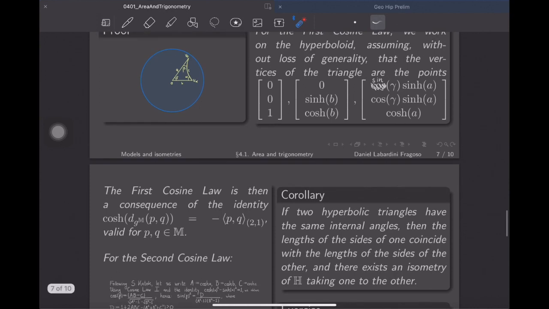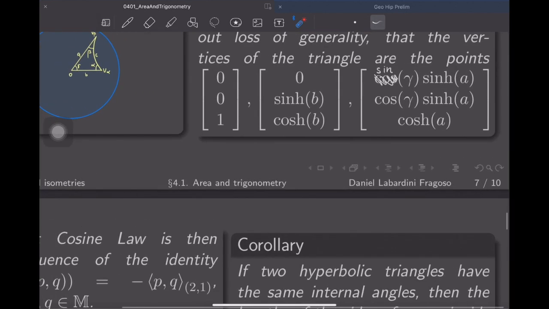Now the point is that if you remember, we showed that if you give me 2 points in the hyperboloid, the hyperbolic cosine of the distance between them was minus Minkowski's form evaluated at the 2 points.